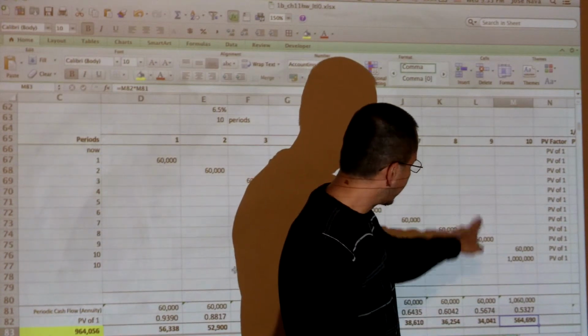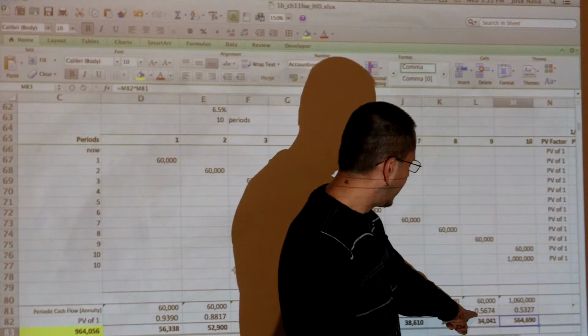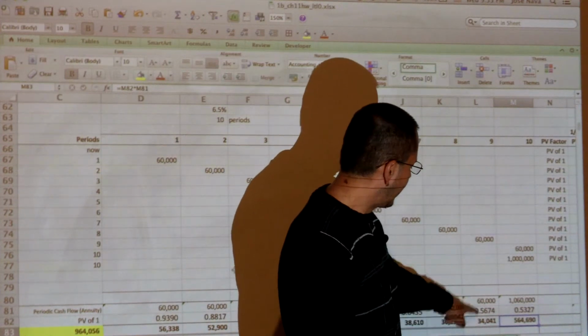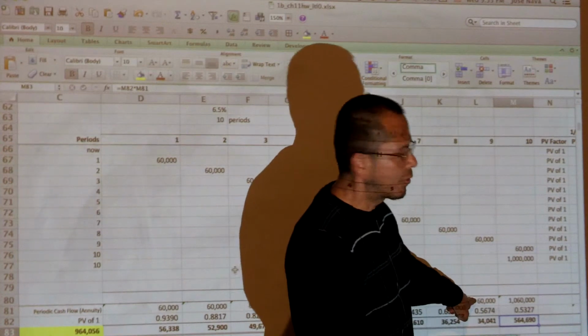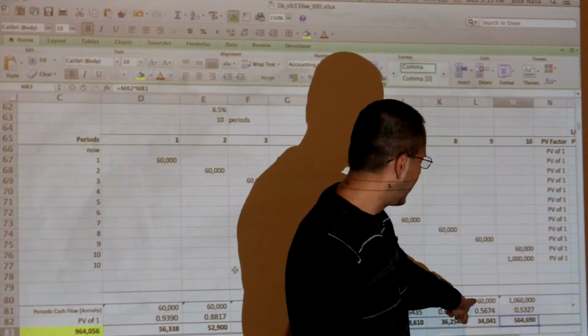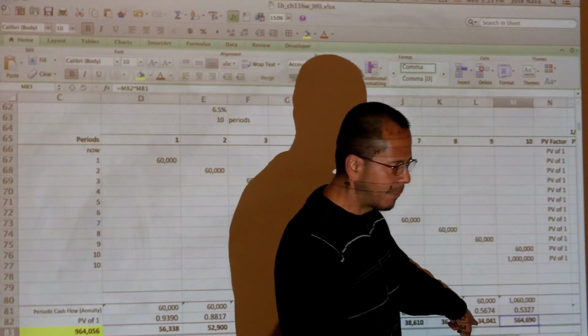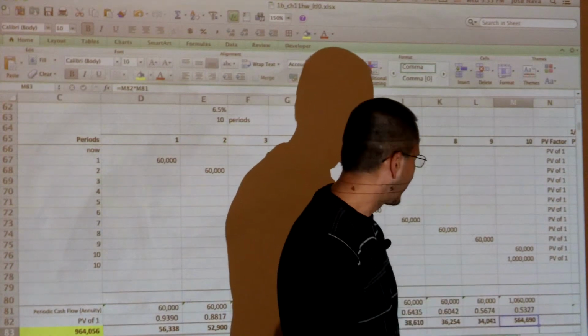So in the case of this 9th period cash flow of $60,000, the present value factor for this single amount would be 0.5674, and that basically means that this amount 4.5 years from now, or 9 periods from now, is the same as getting $34,041 today, assuming a 6.5% discount rate or interest rate.